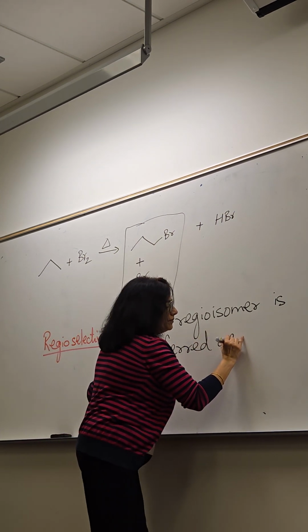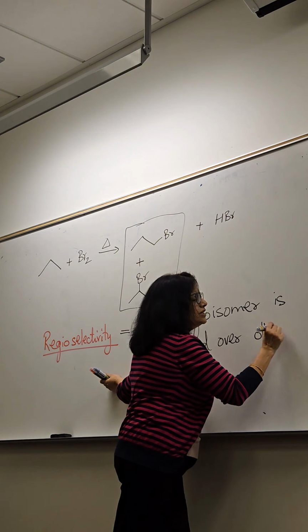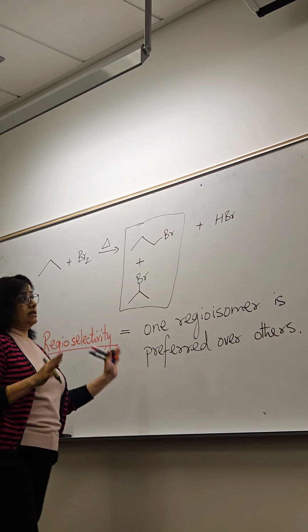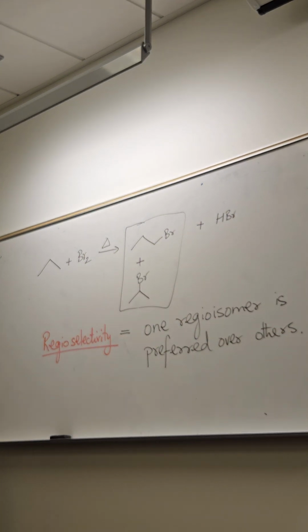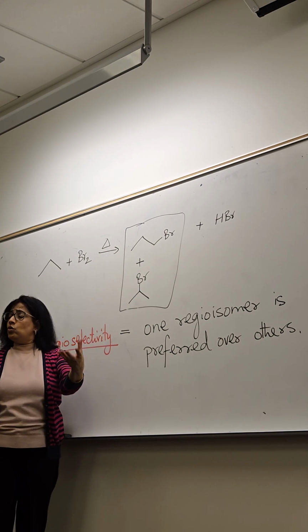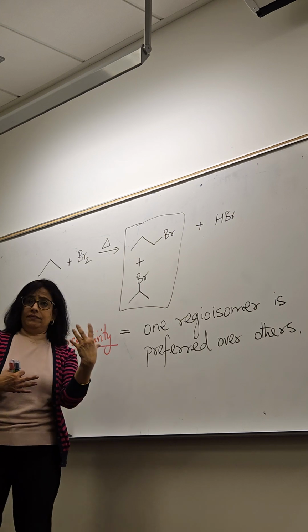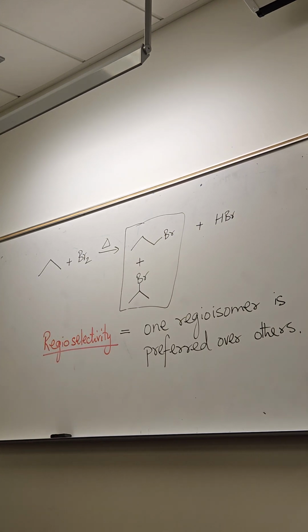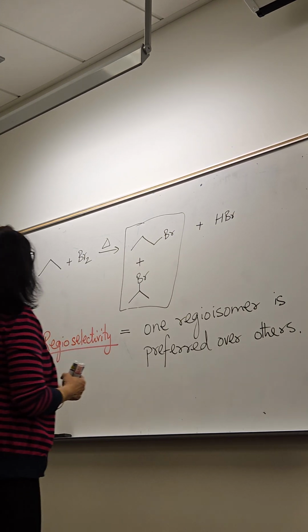In some cases it's not, but in this case there is regioselectivity, meaning selectively the reaction creates one of them in more quantities than the other. Do we understand the term? Yes. Okay, so now let's look at this reaction.